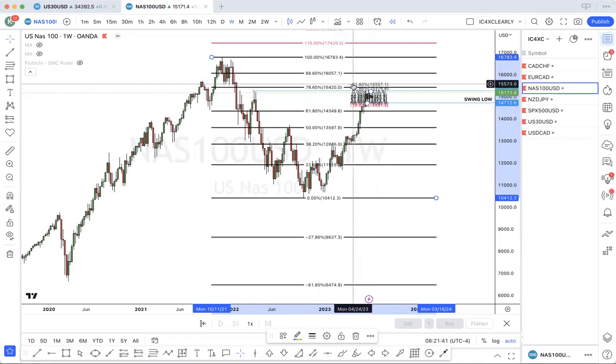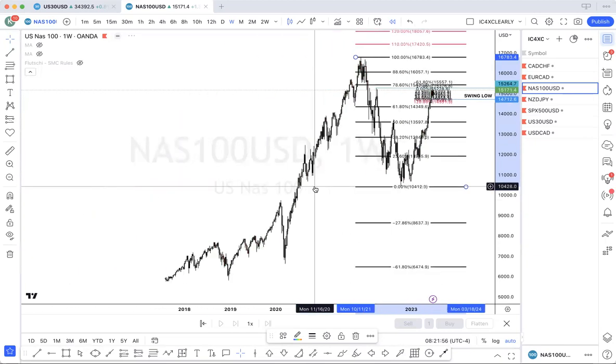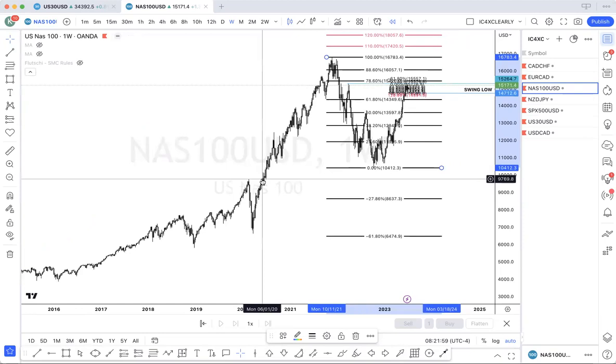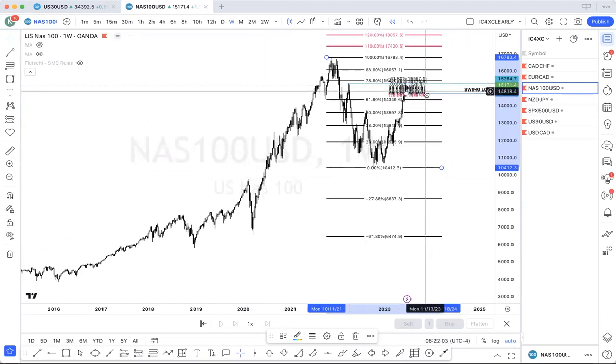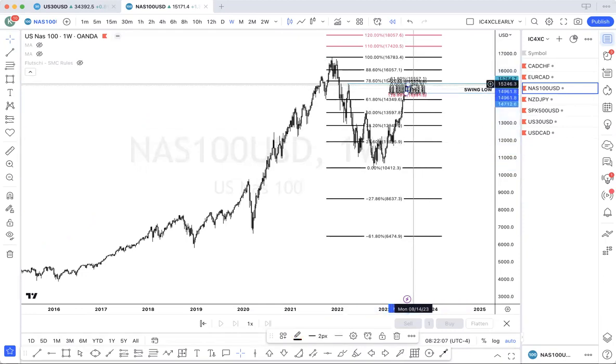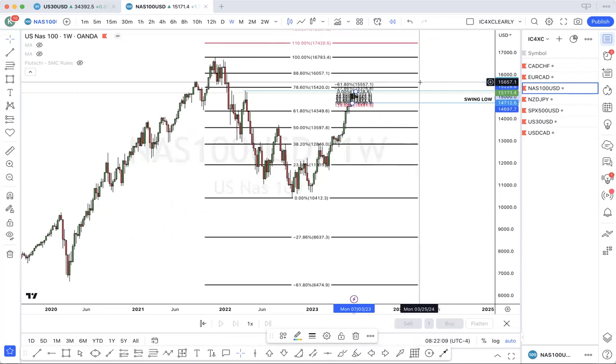So the negative 27 and 618 is in alignment with the 78, and price could continue up to the 88 and either sell back down or may continue buying. I don't follow the Dixie, so whatever the Dixie is doing, this is probably going to do the opposite.